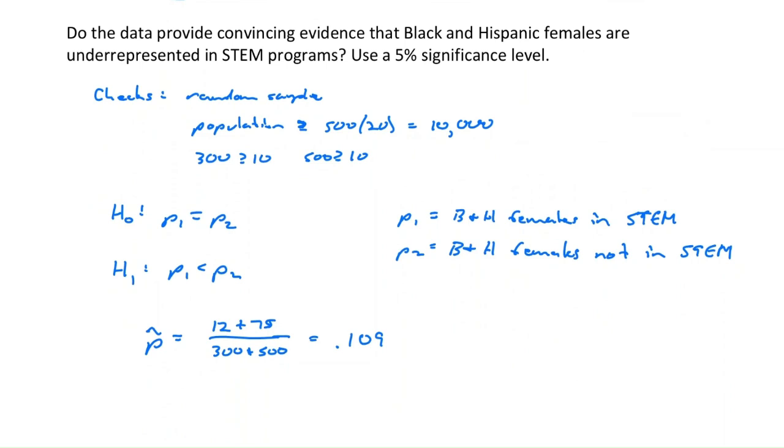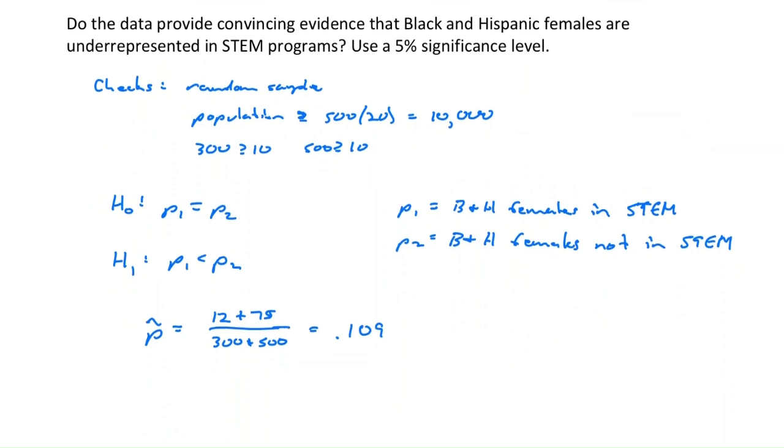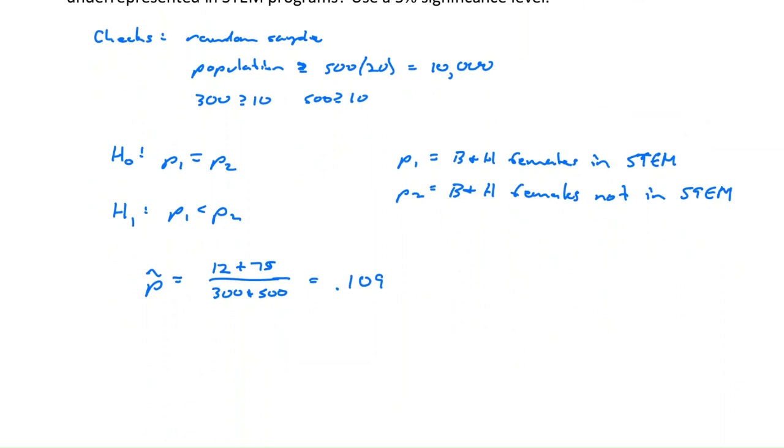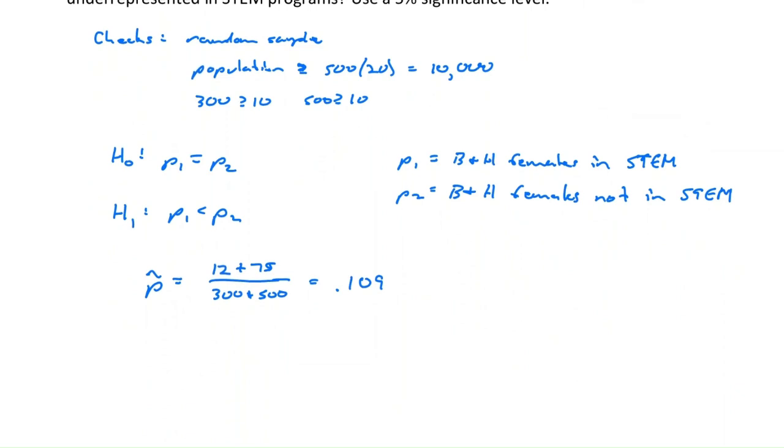Okay. All right. So that's the P hat, and then we also need to find P1 and P2 because that's going to be obviously the proportion for each. So P1 hat is the 12 females who are in the STEM program, which represents 4%. And P2 hat is 75 divided by 500, which represents the proportion of Black or Hispanic females not in STEM programs, which is 15%.